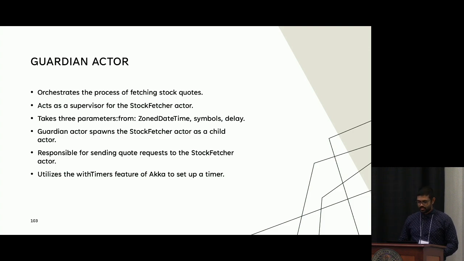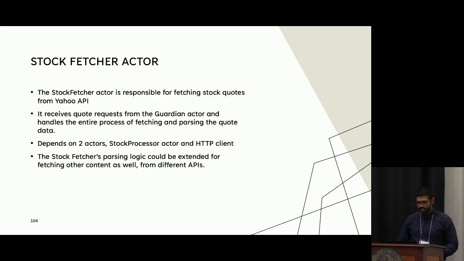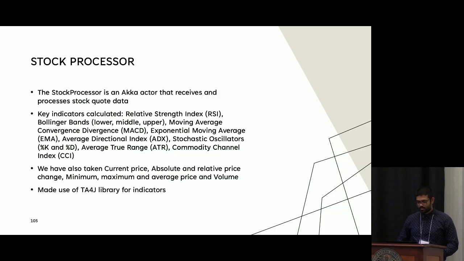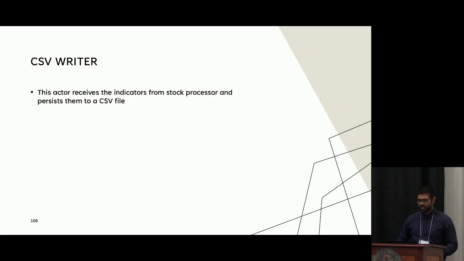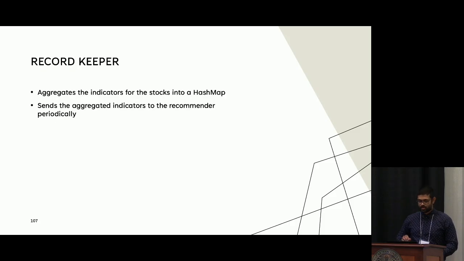The stock processor is the one which calculates all these metrics like relative strength index, Bollinger Bands, etc. And it sends it to the DB Writer because we want to persist this, since it might be useful. And we also want to aggregate it. So Record Keeper keeps the most recent metrics that were derived.